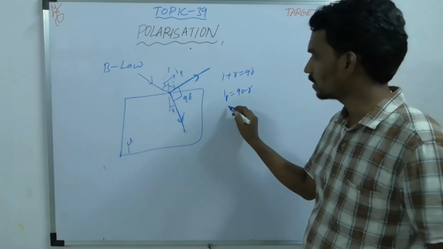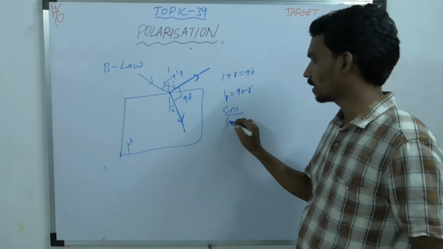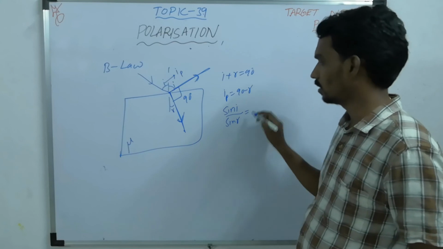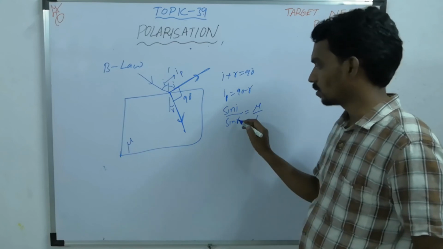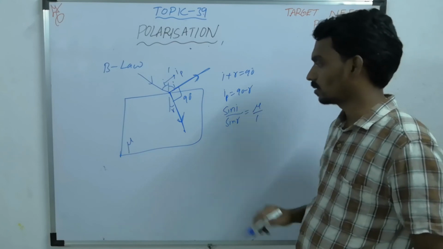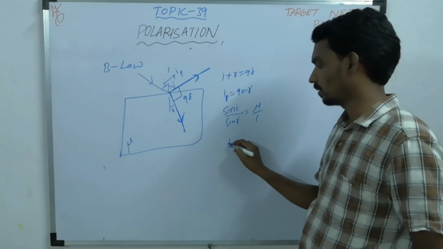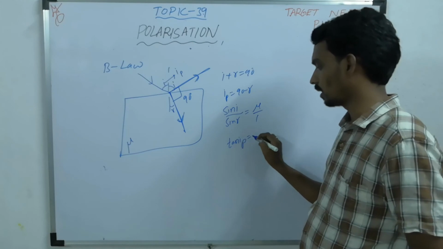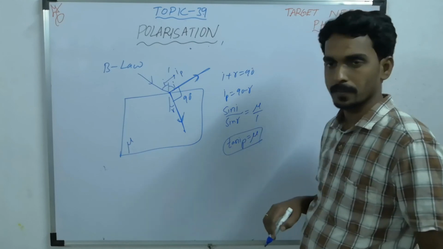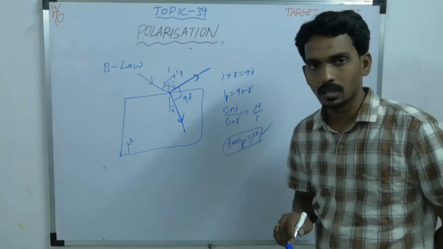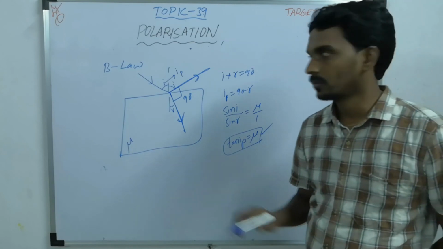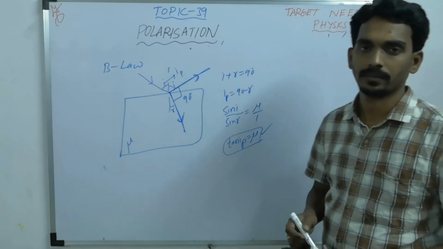If you apply Snell's law, sin I by sin R equals mu by 1. If you substitute R as 90 minus IP, it becomes tan IP equals mu. This is the formula from Brewster's law.